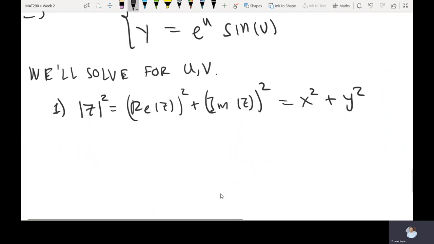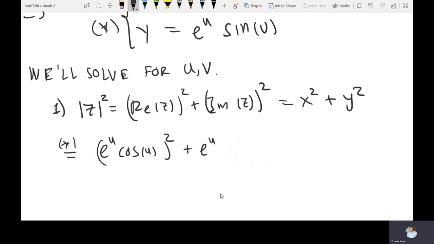And so we use our system star. So we have e^u cosine v squared plus e^u sine v squared.